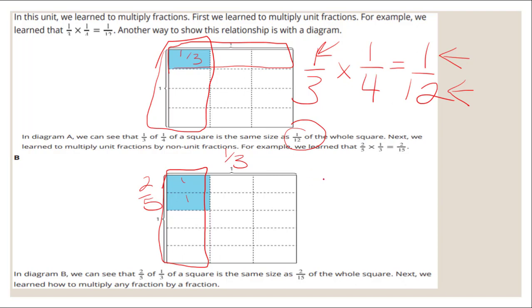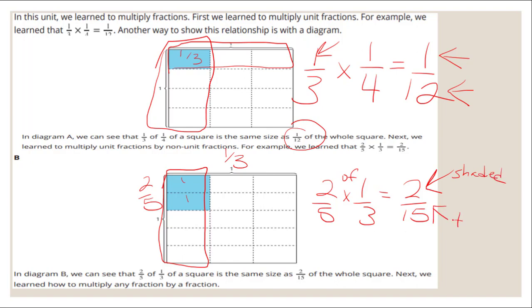So 2/5 of means multiply 1/3, equals 2 times 1 is 2, 5 times 3 is 15. So I have 2 pieces shaded out of a total 15 pieces in my cake.